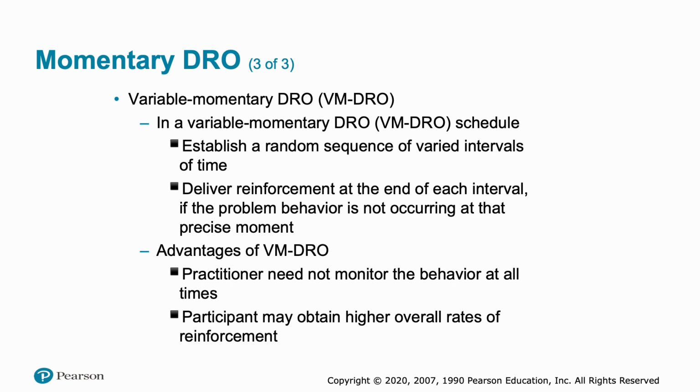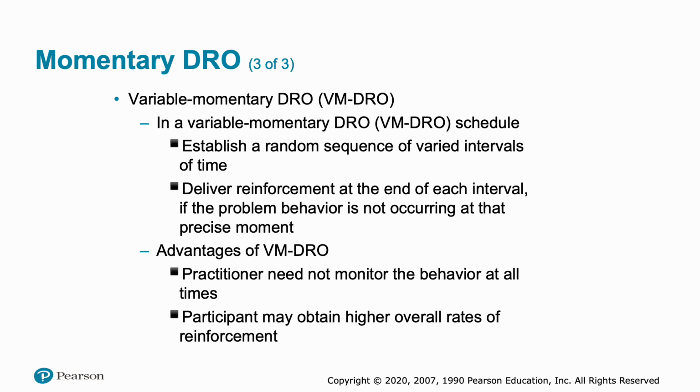So with variable momentary DRO, the intervals can vary in time. You can have a 1 minute interval, a 30-second interval, a 10-minute interval, a 5-minute interval, whatever it might be. You are only going to be observing at the end of the interval in order to be able to deliver reinforcement if the problem behavior is not occurring.